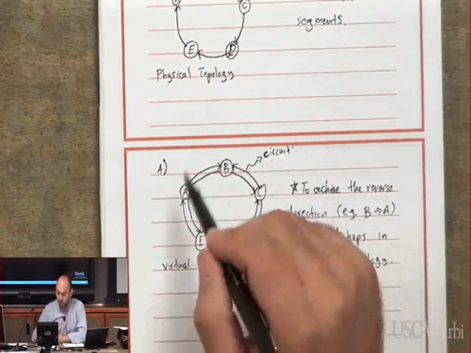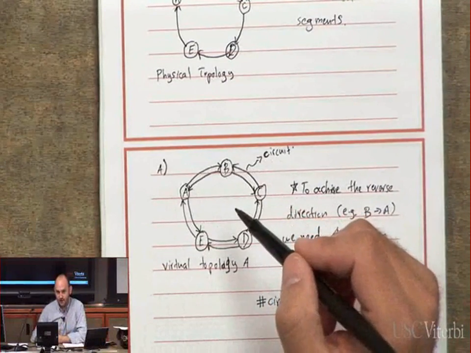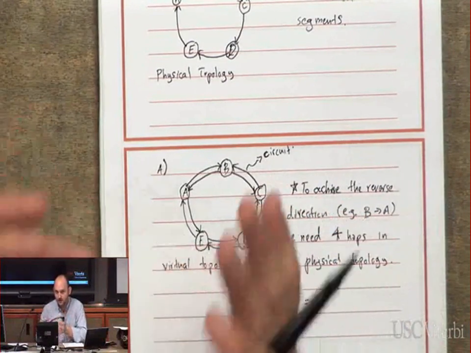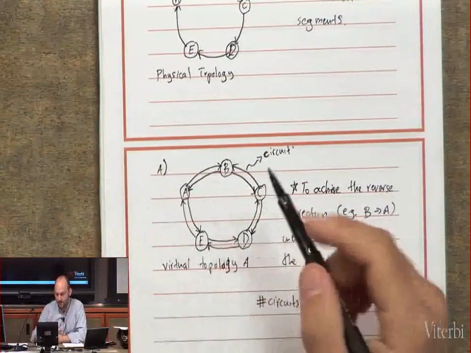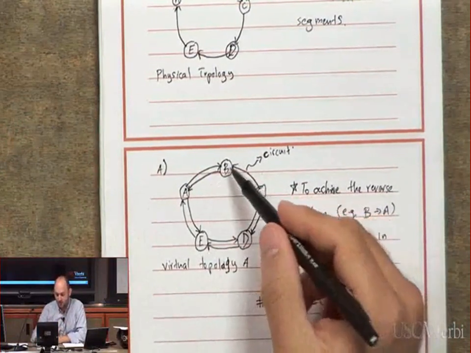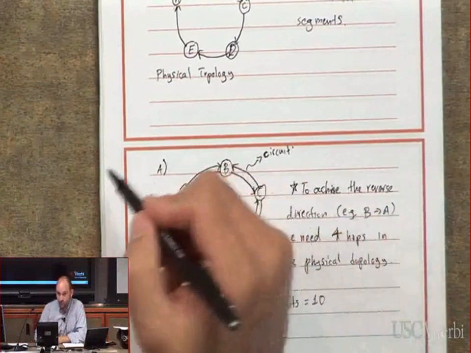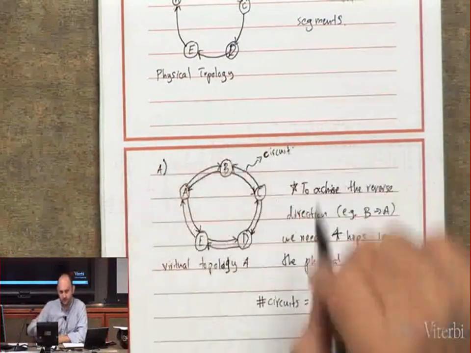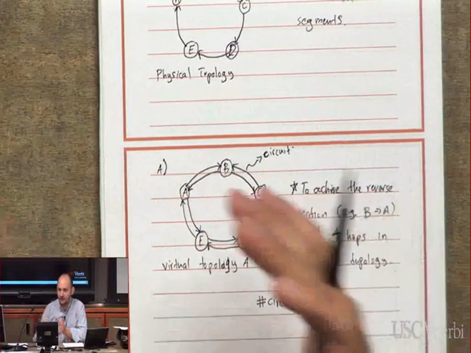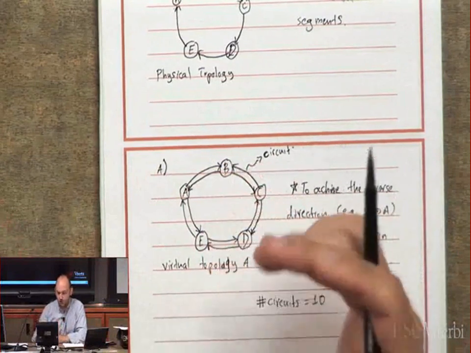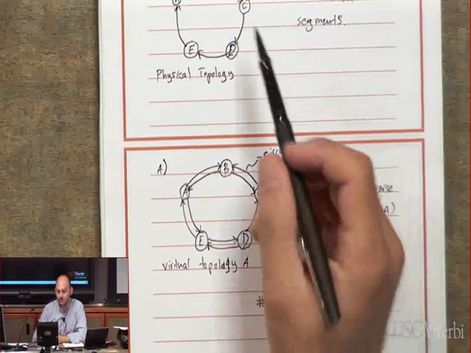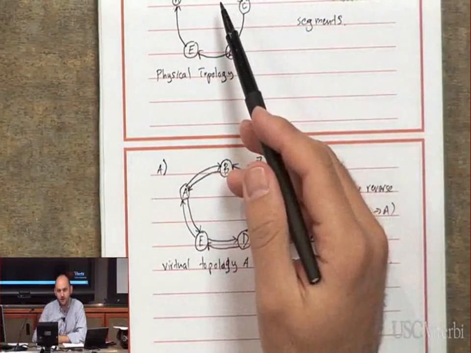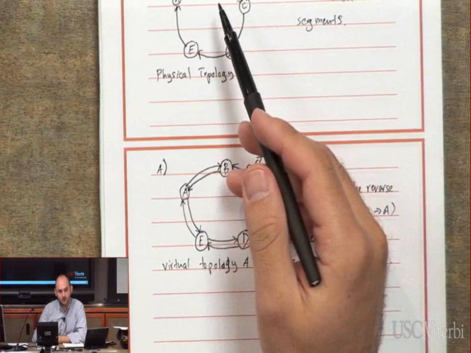Because to support this kind of connectivity, it feels like we are wasting bandwidth going back and forth to support this bidirectional. And the more the nodes are to the right and they want to connect to the left, the more the traffic is going to be carried through a circuit. Okay? So we expect to find a value less than OC192, which is the capacity of the ring over here. That's what we're trying to do.